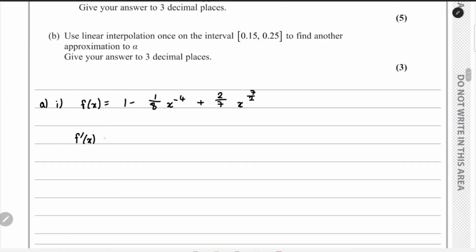If I differentiate this, if I differentiate 1, I get 0. If I differentiate this term over here, I'll have minus 1 by 8 x times minus 4 times x to the power minus 5 plus, in this case I have 2 by 7 multiplied by 7 by 2 x to the power 7 by 2 minus 1, which is 5 by 2.